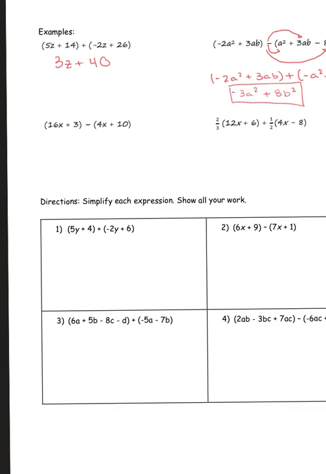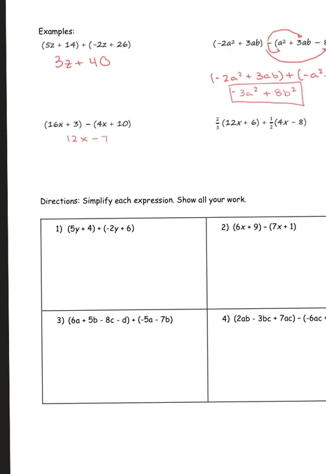So that's going to give me 12x. And then I have 3 minus 10, which gives me a negative 7. So again, we would have gotten the same thing if we changed it around and distributed the negative to my 4x and 10 and added instead. You would have still gotten 12x minus 7.